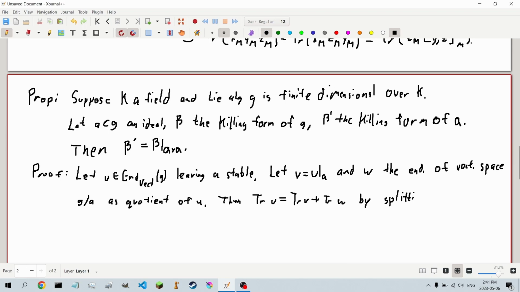The idea there is to take the basis of G, sorry, where the first however many elements are the basis of A, and the rest are then going to be the basis of the quotient.